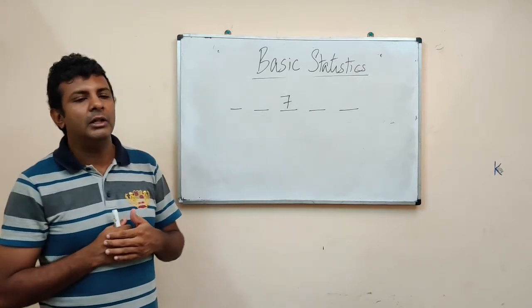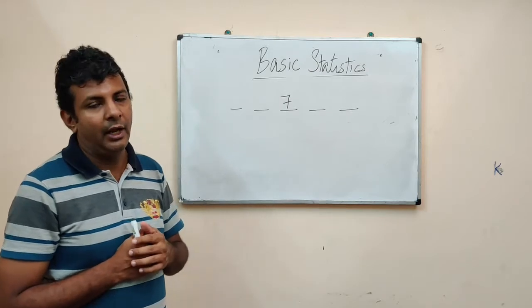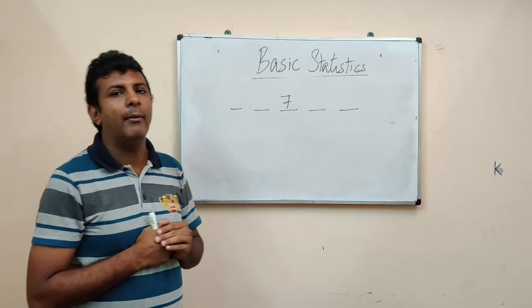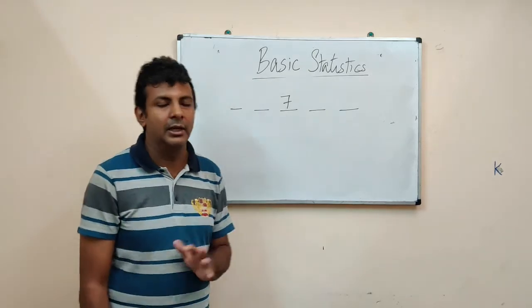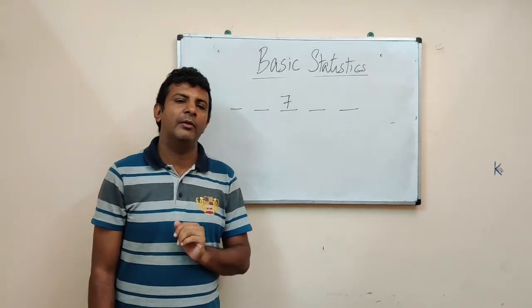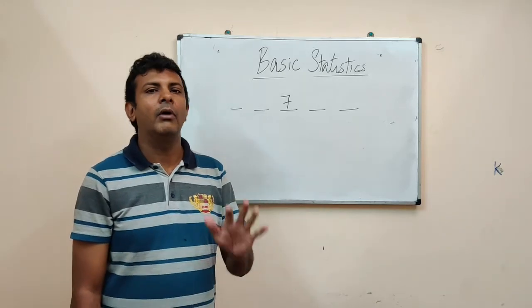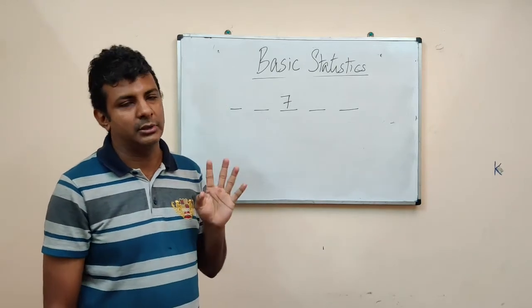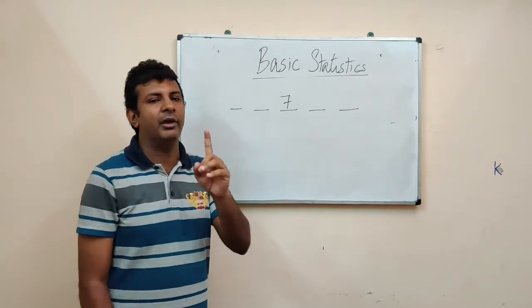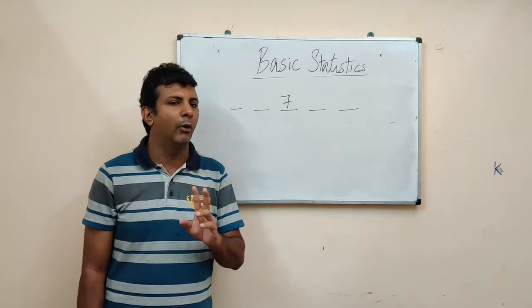Now, we know that the mode is 1. Mode means the number that appears the maximum number of times in this set. So there are different possibilities. If the mode is 1, then it can appear 5 times, 4 times, 3 times, or 2 times. It cannot appear once, because then it would not have been the mode.